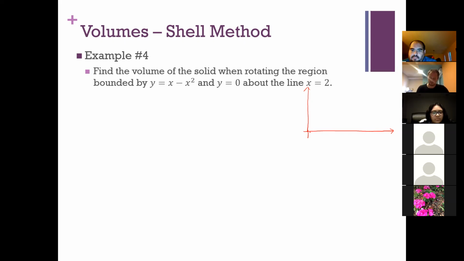It's going to open downward, and that all comes from the coefficient on x squared. So also, do I have x-intercepts? One of them is 0. And the other one's 1.